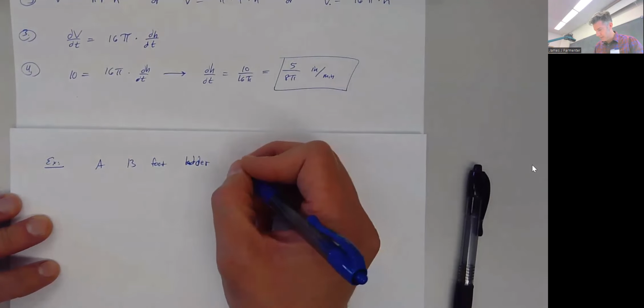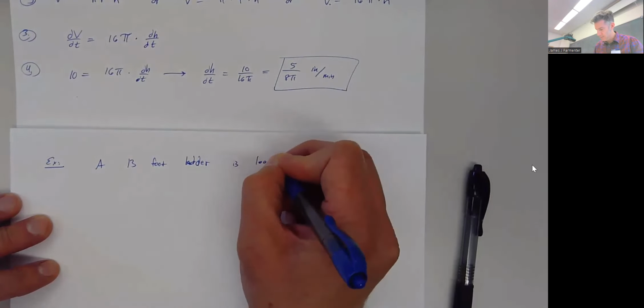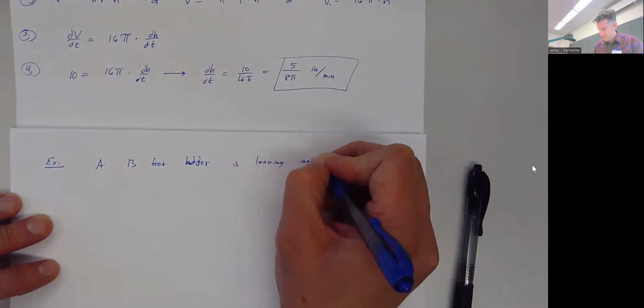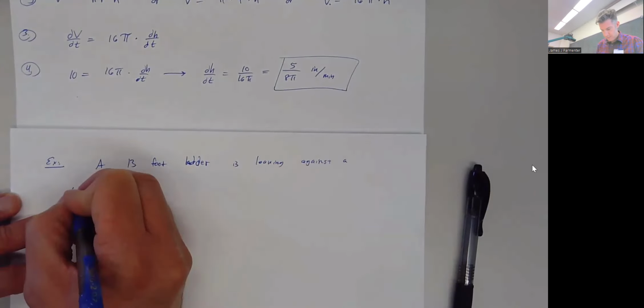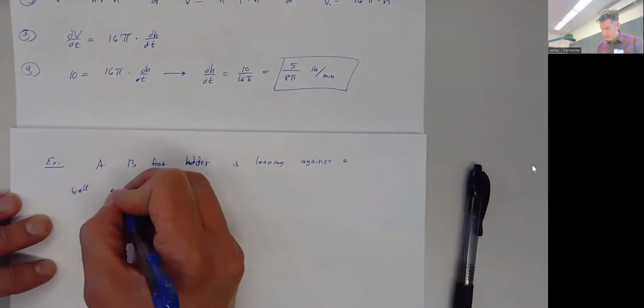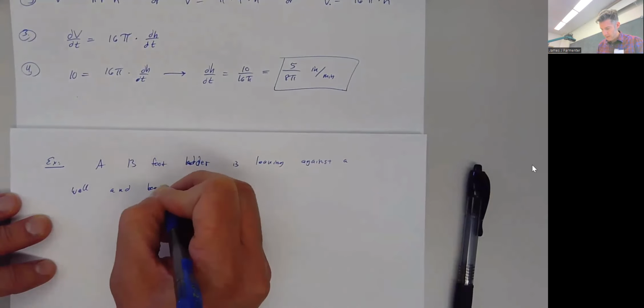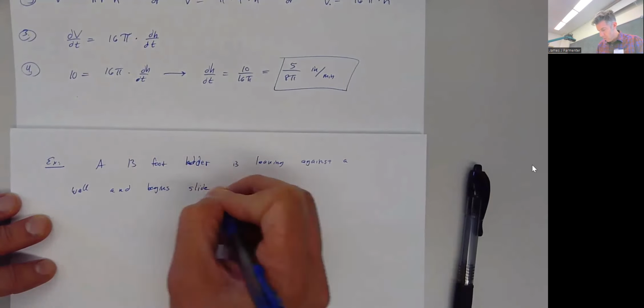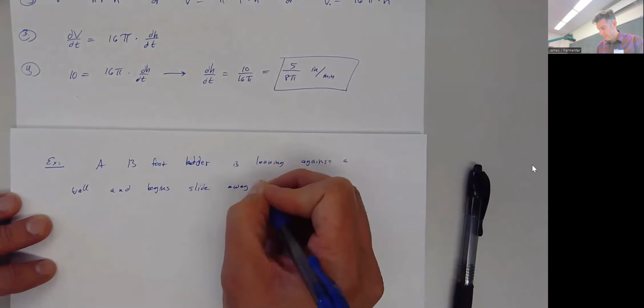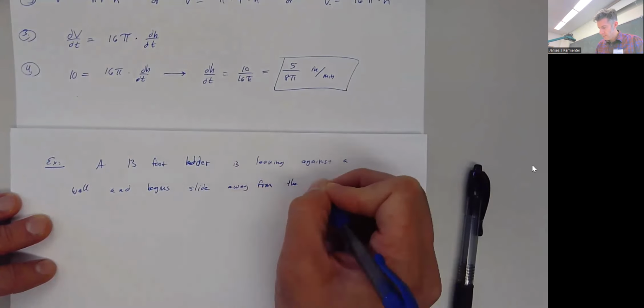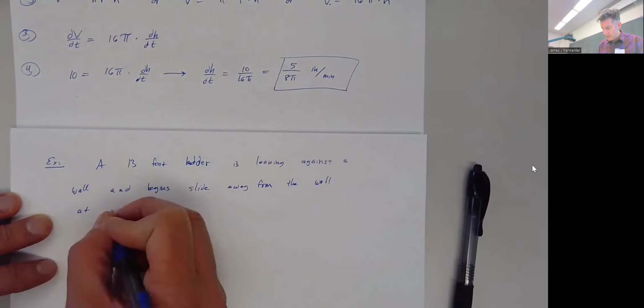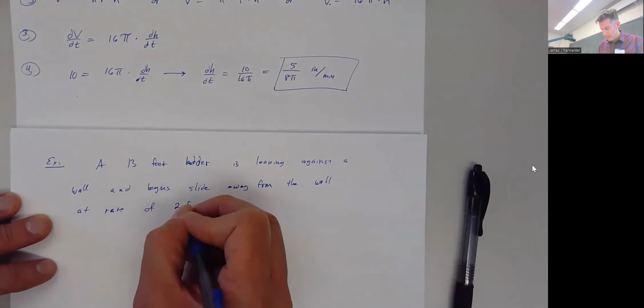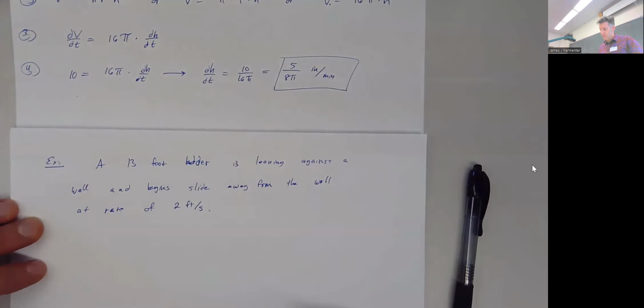Ladder is leaning against the wall and begins to slide away from the wall at a rate of 2 feet per second. And we'll clarify this in a second.